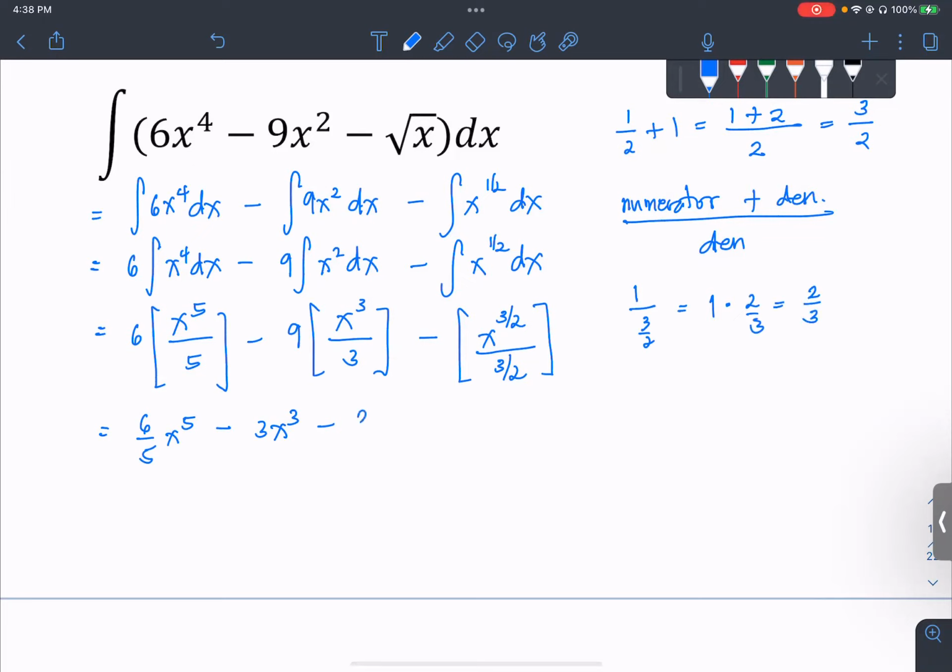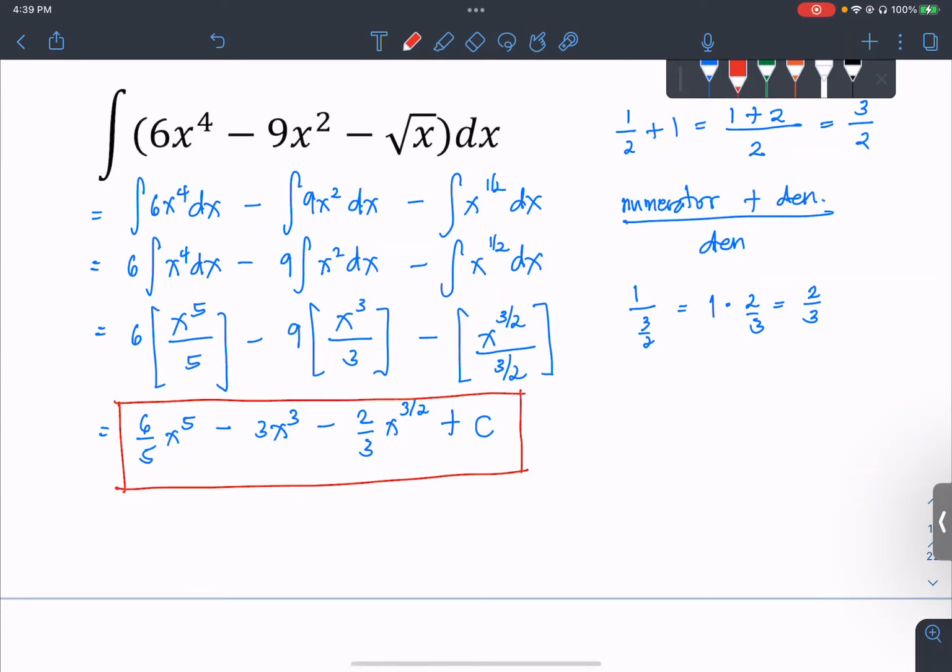So minus 2/3 x raised to 3 over 2 plus c. So 6 over 5 x to the 5th, minus 3x cubed, minus 2/3 x raised to 3 over 2, plus c. That becomes our answer, the antiderivative.